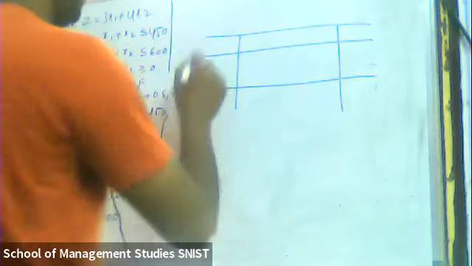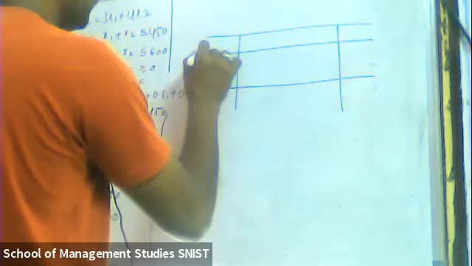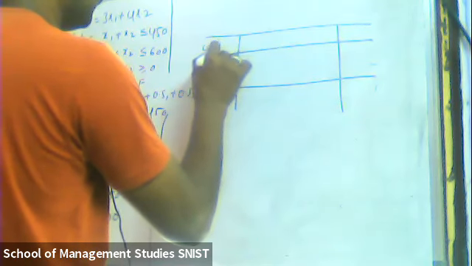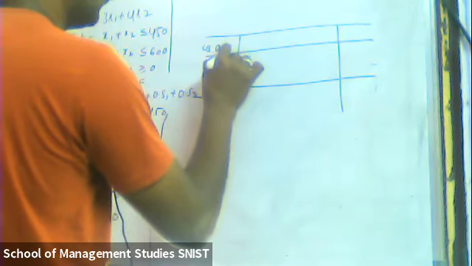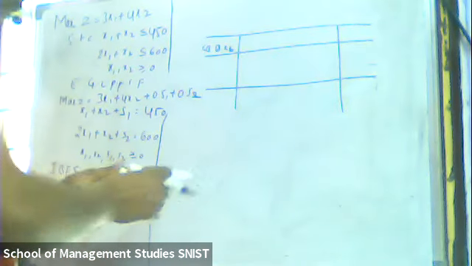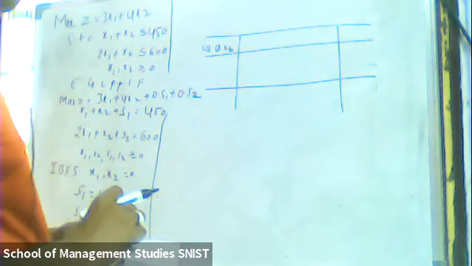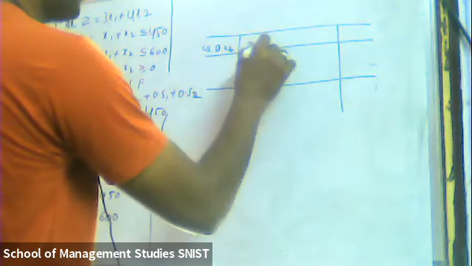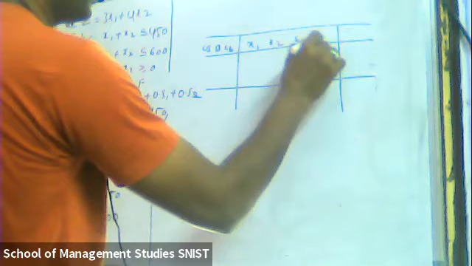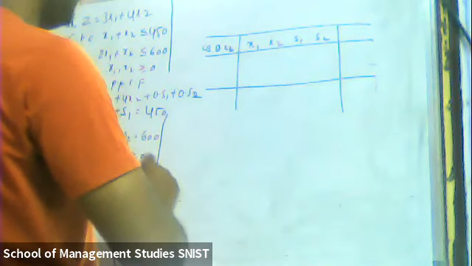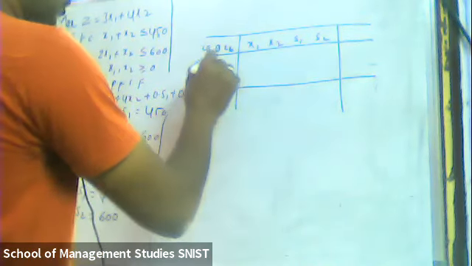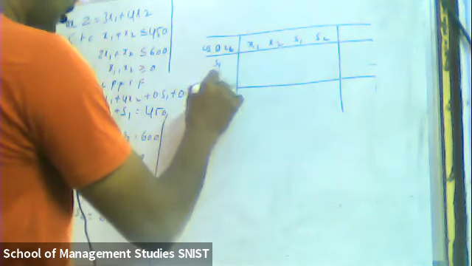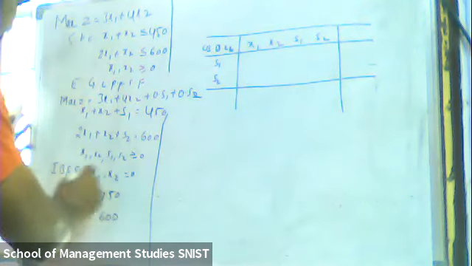Okay. Now first, CB, B and XB. Now how many variables do we have? X1, X2, S1, S2. Now for B, I am taking S1 and S2 as the initial basic feasible solution.